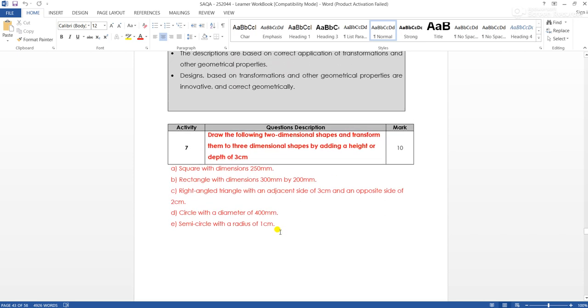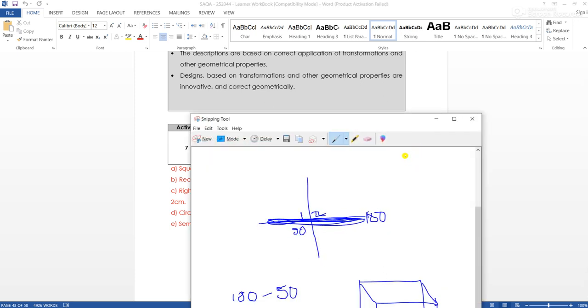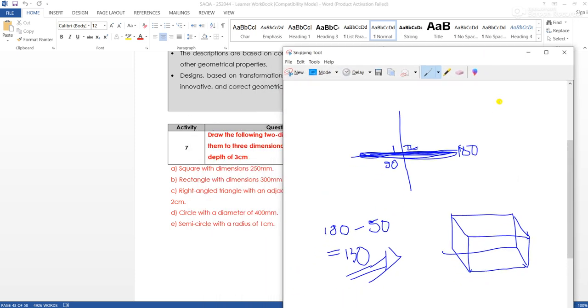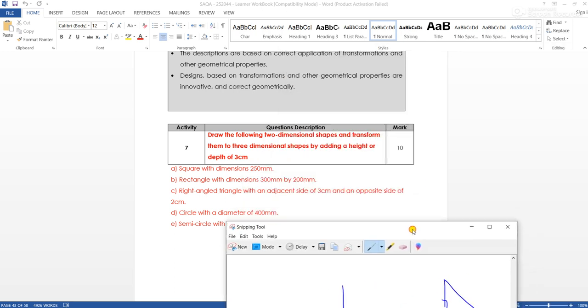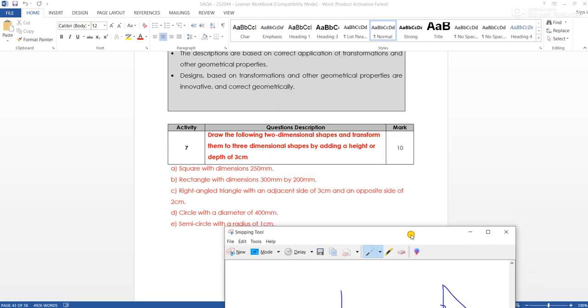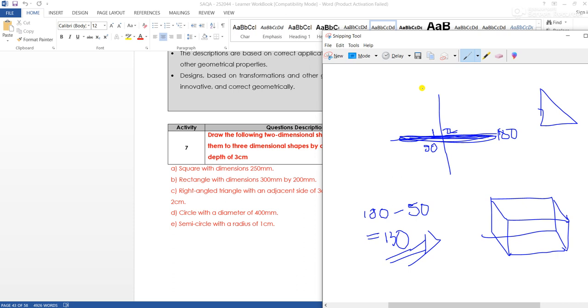These are easier. Easy. Your right triangle with an adjacent side of 3 centimeters, and a circle with a diameter and a radius.